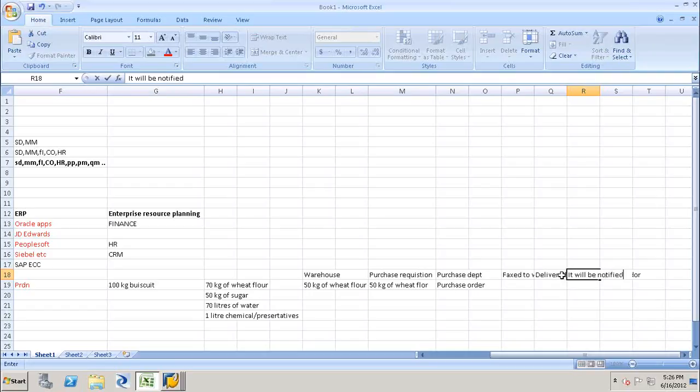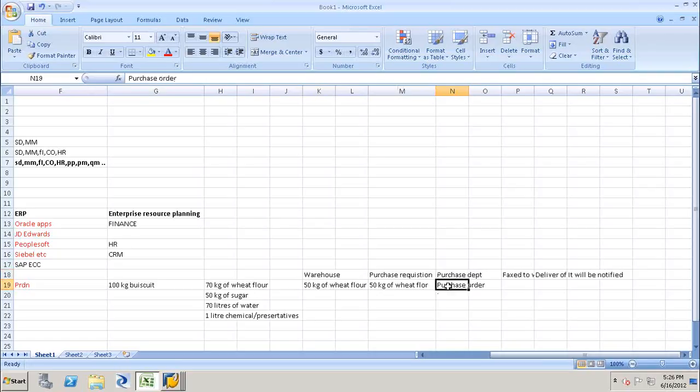So here, what is happening? Starting from, I have a plan of manufacturing something. For that, manually on a piece of paper, I calculated. Then I have given a call to the warehouse department about how much raw material is available. Since there is a shortage of raw material, I created a purchase requisition, and I have given a call to the purchase department guy.